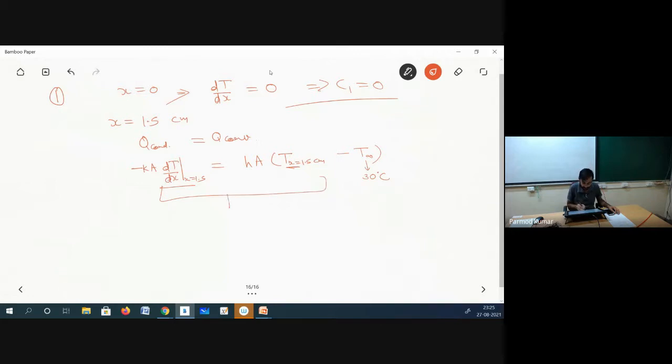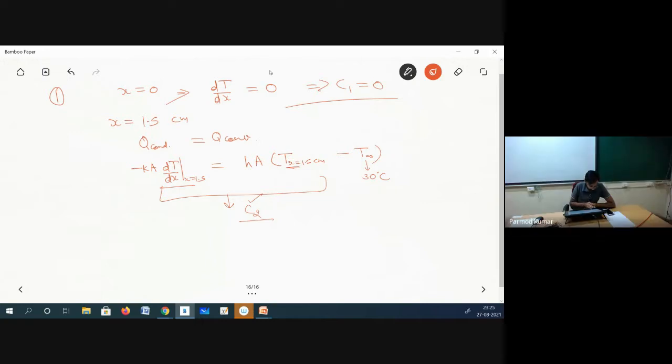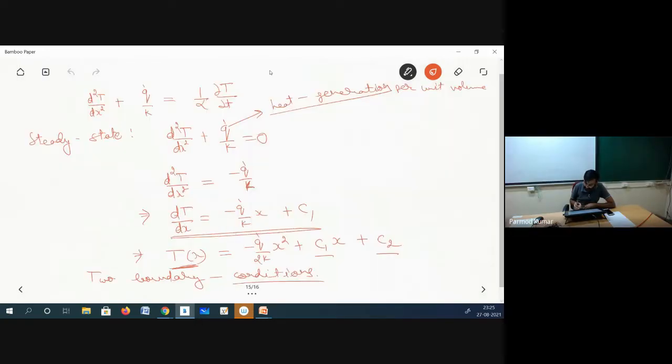From here, you will get the value of C2. Is it correct? Can you obtain the value of C2? Yes, sir. Once C1 and C2 are known, we have the equation of temperature. q dot is given, k is given. I can substitute the value of x and determine temperatures at minimum and maximum, and I can even draw the temperature profile within the solid.